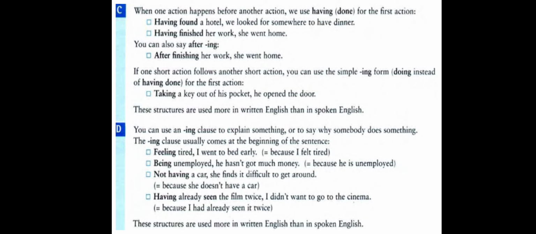So had becomes have, and have plus ing, it becomes having. So the sentence becomes like this. Having already seen the film twice, I didn't want to go to the cinema. These structures are used more in written English than in spoken English.